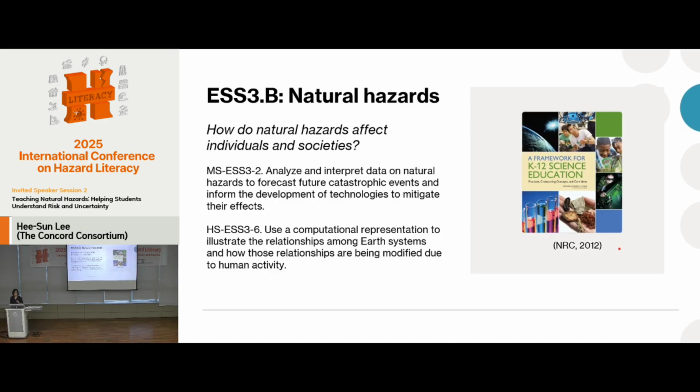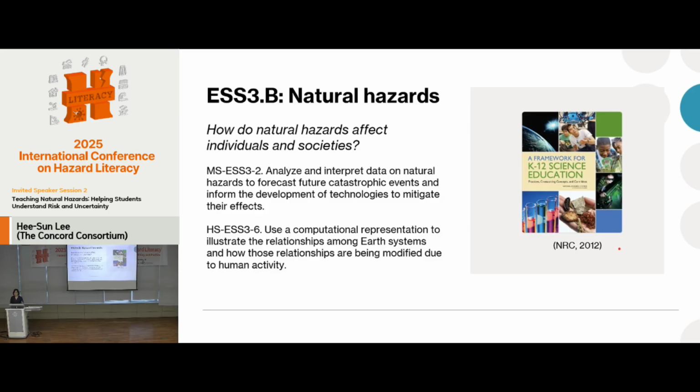And for middle school, they focused on analyze and interpret data on natural hazards to forecast future events and inform the development of mitigation technologies. For high school students, we focused on use of computational representation to illustrate the relationships among our systems and how those relationships can be modified because of the human activities. So these two are written.